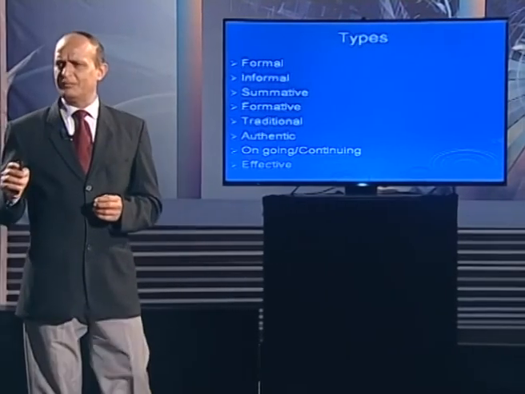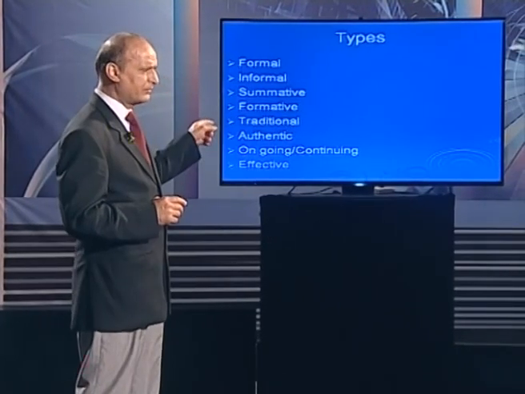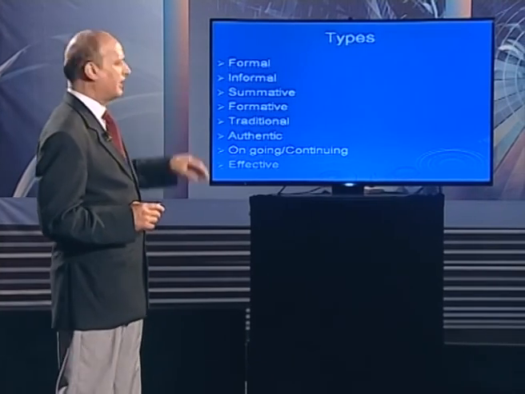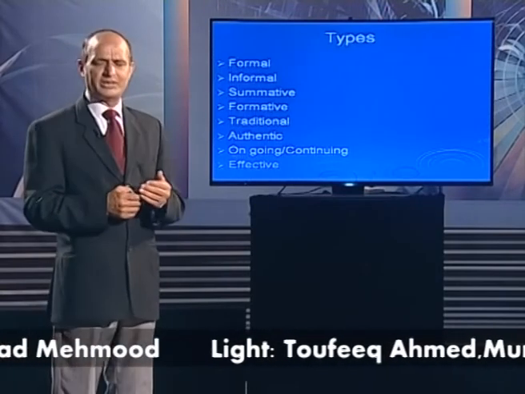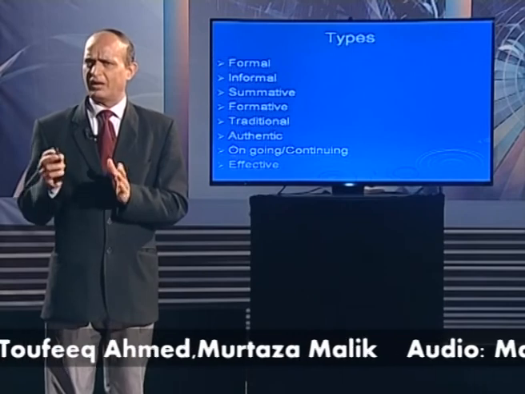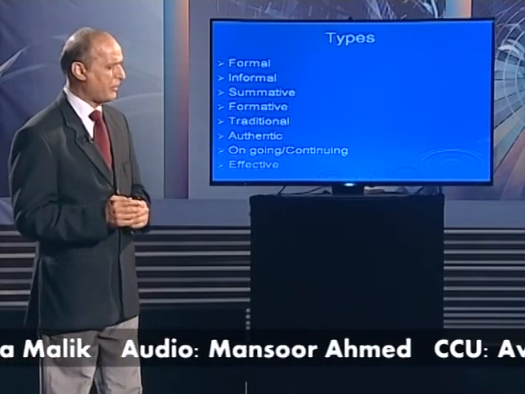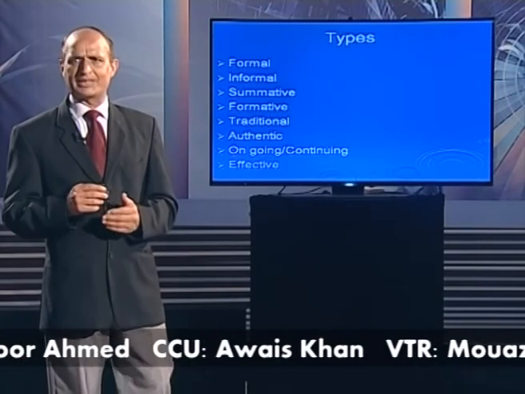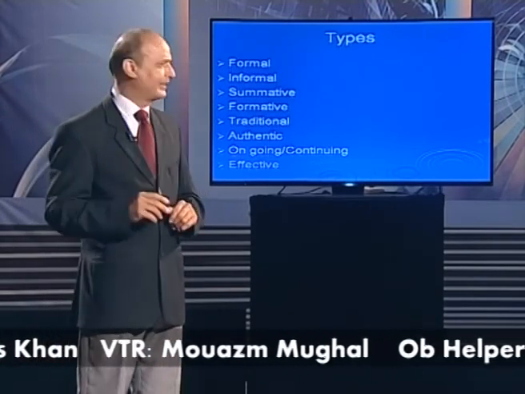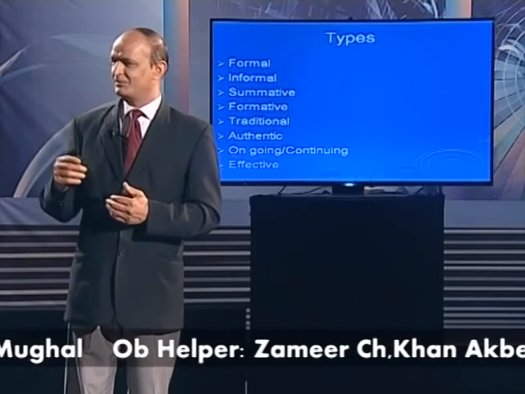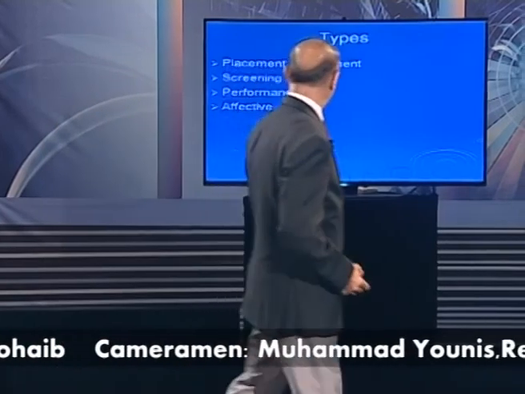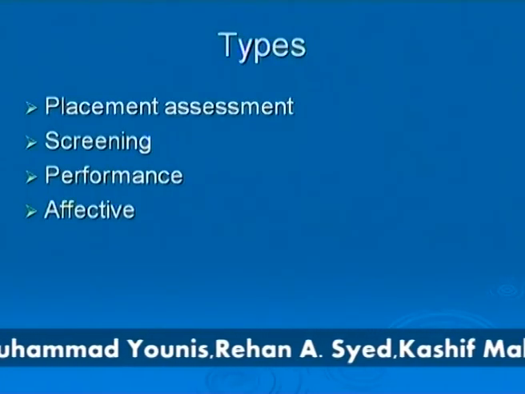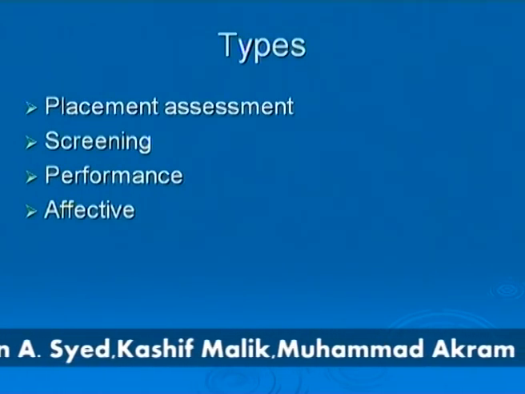They differ from other assessments only in name and function, in that ongoing and continuing assessment is going on all the time and is fulfilling all aspects. All aspects means that during the teaching-learning process, they are observing each and everything. Other types of assessment are effective, placement assessment, screening, performance assessment and affective assessment.